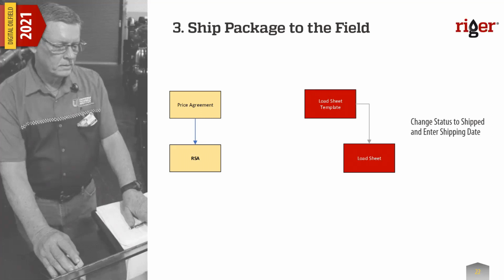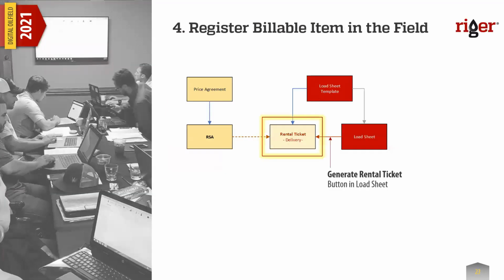In this way, the system will know the start date of this job, and the rental ticket delivery should also be generated with the shipment date. So in the load sheet, you click the generate rental ticket button, and all the information will flow from one document to another, but the rental ticket will be responsible for starting the rental period of this job.